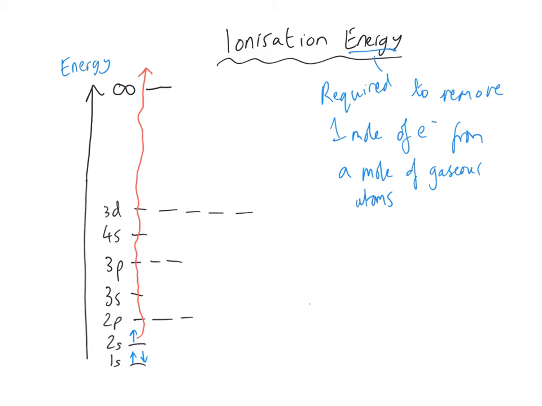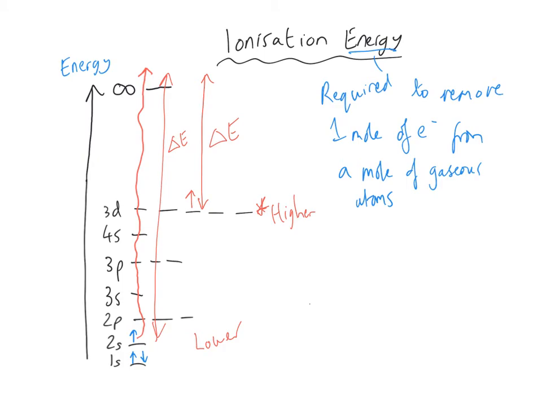What you can see from this diagram is if something's outer electron was in a d sub-level, the amount of energy needed to make that electron leave the atom wouldn't be as much as if it was down here in the 2s, because that energy change, given the symbol delta E, is different depending on if you're in a higher energy level like this one or a lower energy level like that one. And so ionization energy varies from atom to atom.